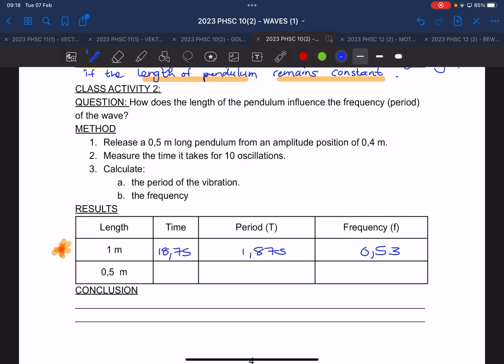Alright, now as I said, the length must be 0.5 meters, that is 50 centimeters.